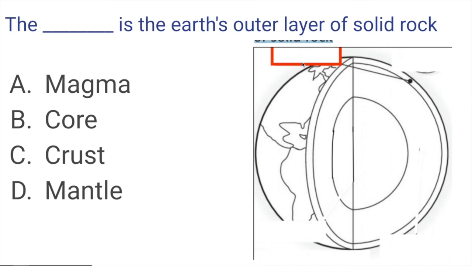Is it magma, core, crust, or mantle? If you said crust, that is correct. The crust is the Earth's outer layer of solid rock. Crust is the most outer layer of the Earth.